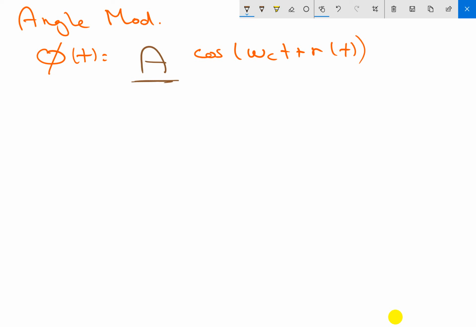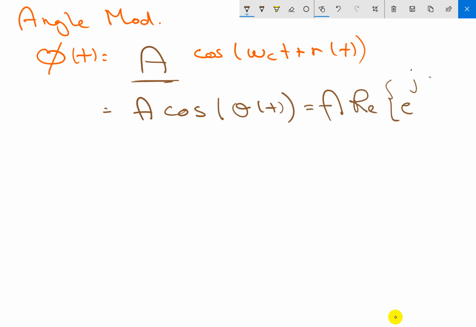So the modulated signal can be written as follows: theta of t. And this can be equals e to the j theta of t. Please do not forget this. As you know, cosine x equals e to the jx plus e to the minus jx, as you remember.